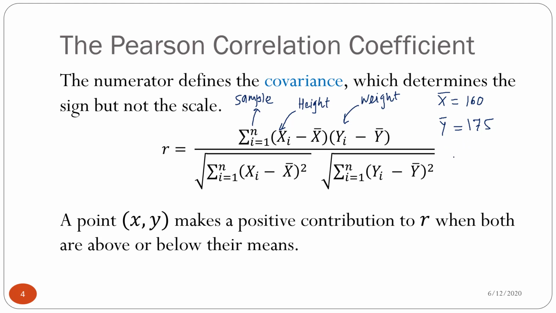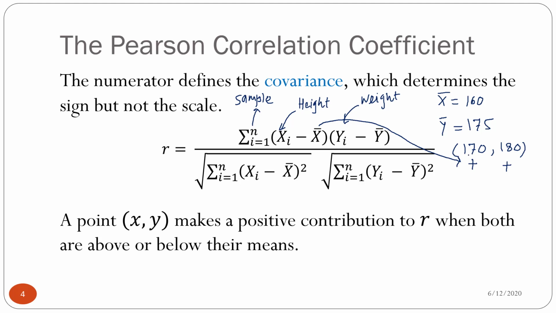So if we have, say, the first sample with xi as 170 and yi as 180, then the result here, which is xi minus x bar and yi minus y bar, would be positive and positive. Why?